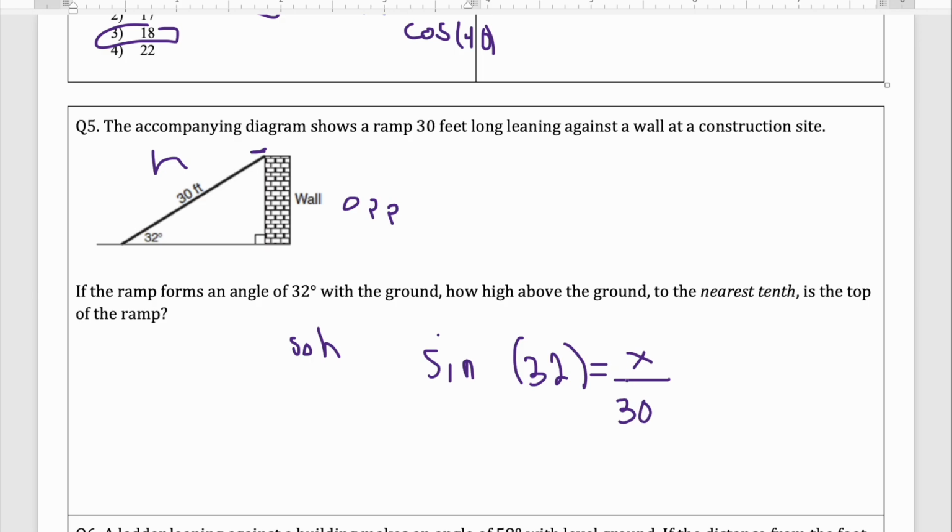Now, the x is already in the numerator, so I just need to cross multiply. And we have 30 times sine 32 equals x.